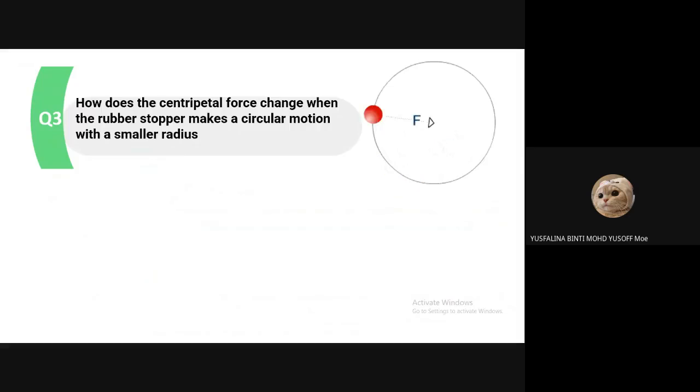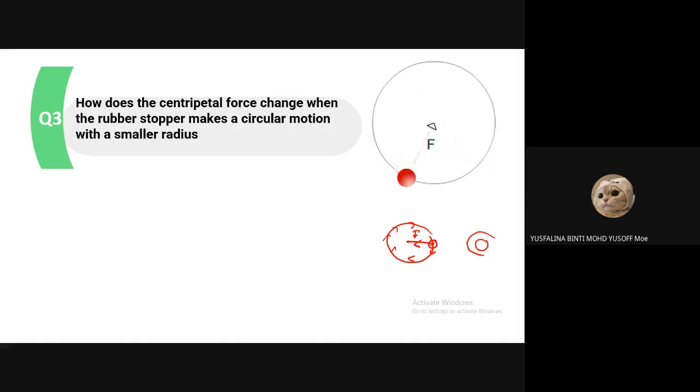How does the centripetal force change when the rubber stopper makes a circular motion with a smaller radius? So let's say the radius before is like this, and this is the F. This is the rotation, and we make it smaller.